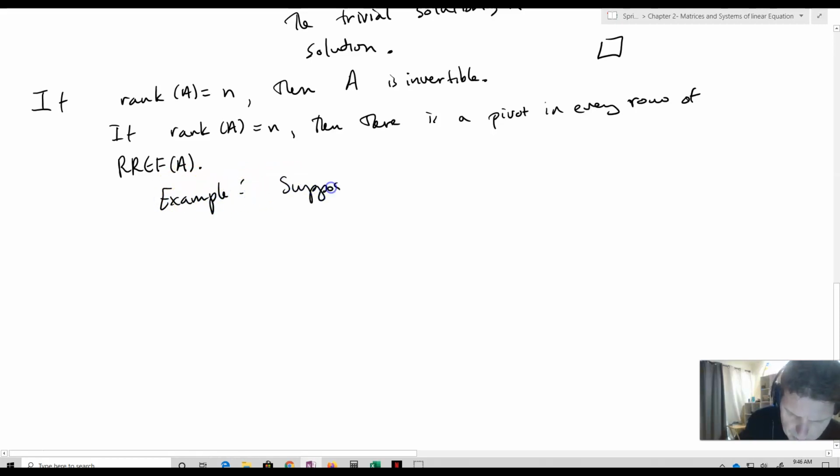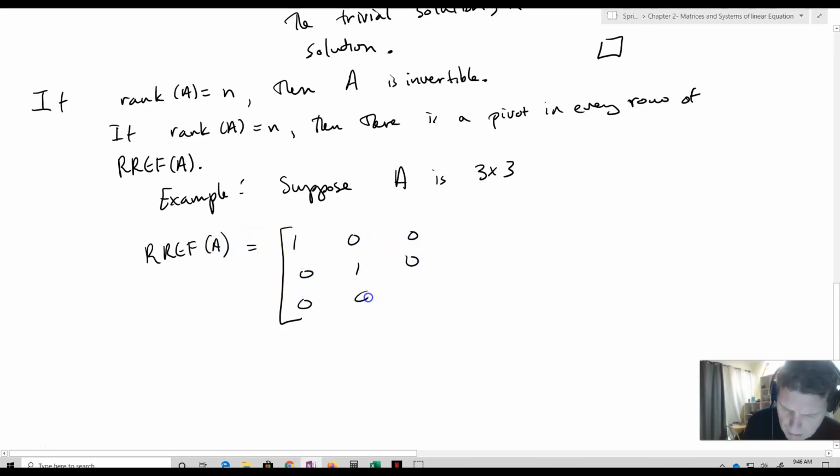Suppose A is, let's say, 3 by 3. So the RREF of A is going to equal this.